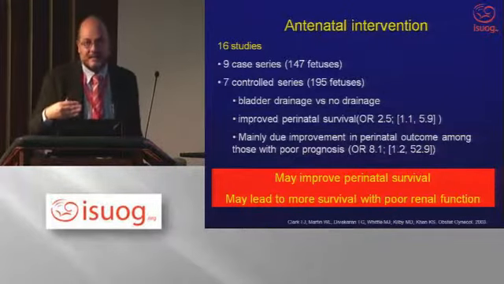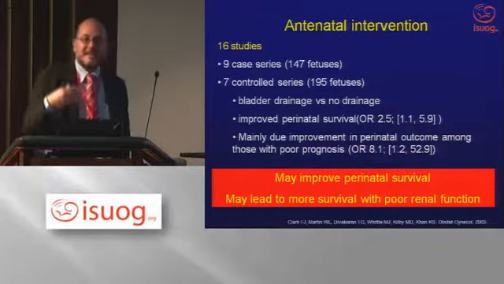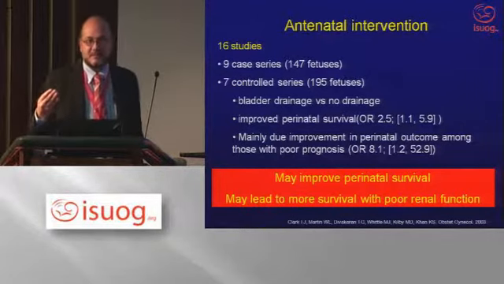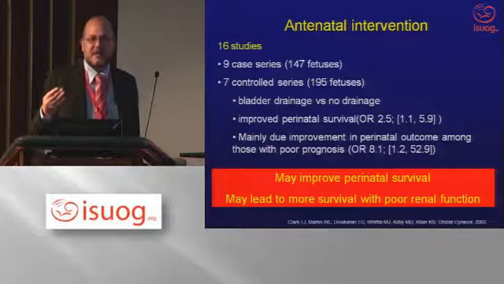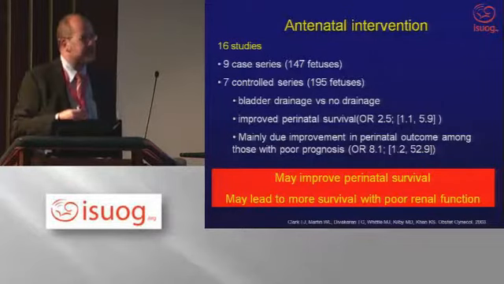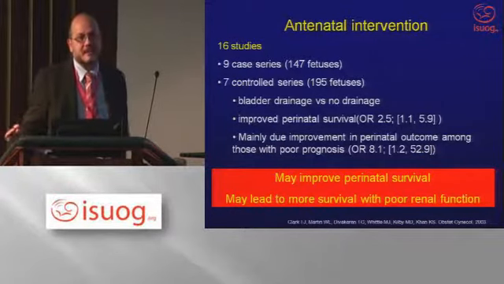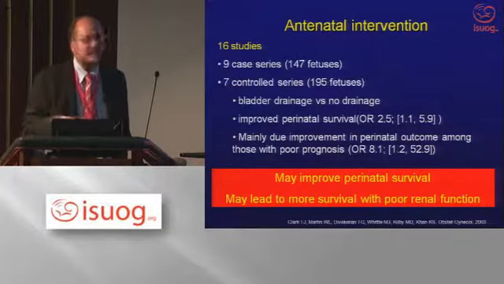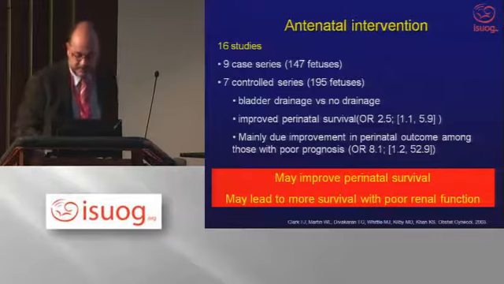And it is likely that you are more likely to want to shunt babies where you think the prognosis might ultimately be good. Am I making sense? If a case looks completely hopeless, you are perhaps less likely to insert a shunt. So there's all sorts of biases in looking at these kinds of data.